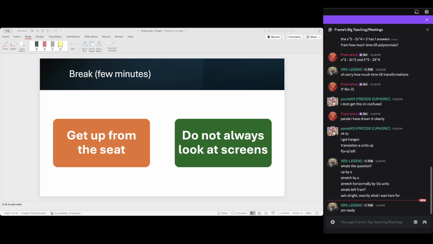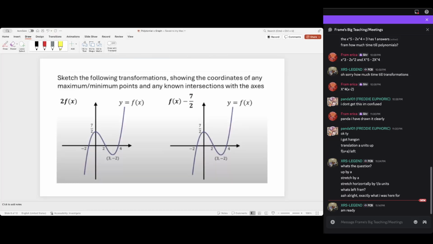Anyways, you can see you sketch this showing the coordinates of the maximum and minimums. This is around exam level, just a small part of it. And you can see 2f(x).